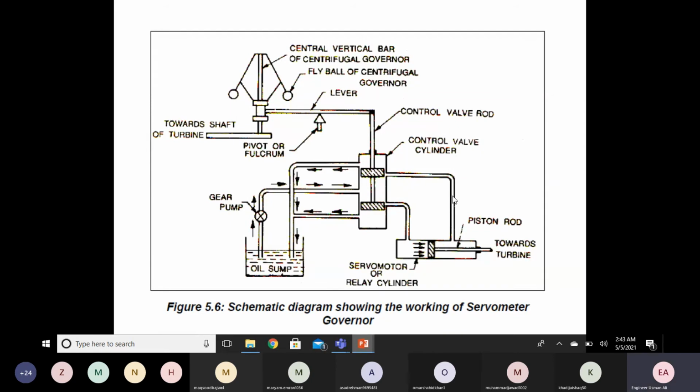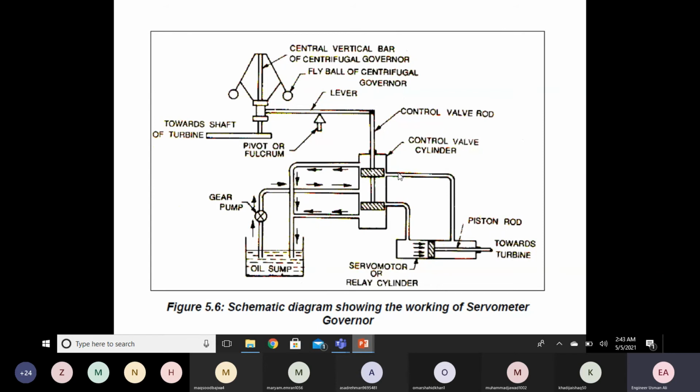Because if you can see further, it is tied with the pipes, one on the right of the piston and one on the left of the piston, and there is another cylinder in which 2 pistons are attached, one to close this pipe and one to close the other pipe.